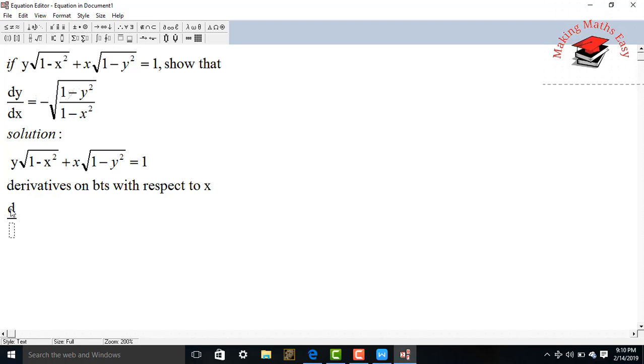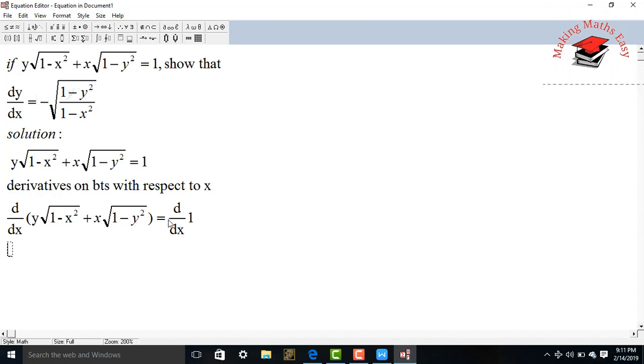After differentiating with respect to x, we will get d upon d of x of y into the square root of 1 minus x square plus x into the square root of 1 minus y square, which is equal to d upon d of x of 1.